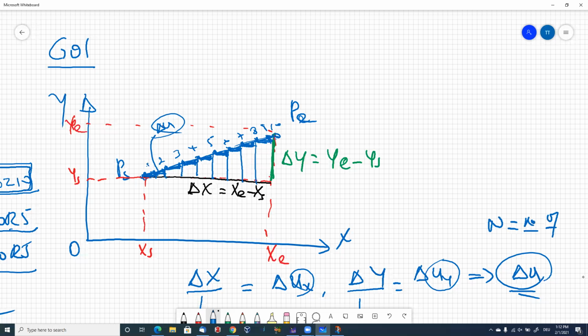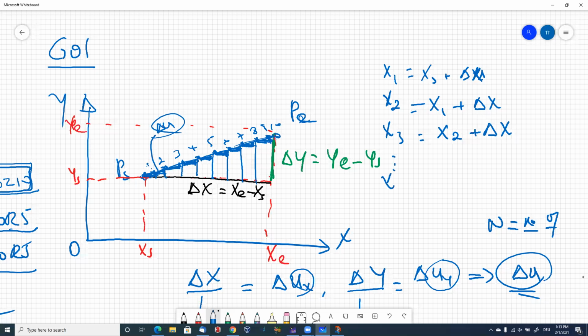So from this concept, I will say X1 equals XS plus delta x. X2 means at this point, X1 plus delta x. X3 means X2 plus delta x. True or not?